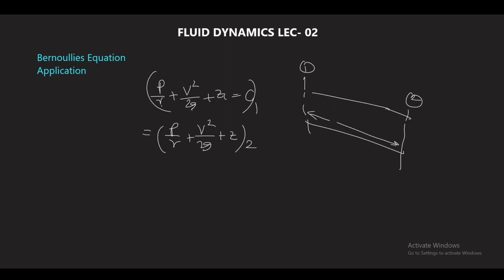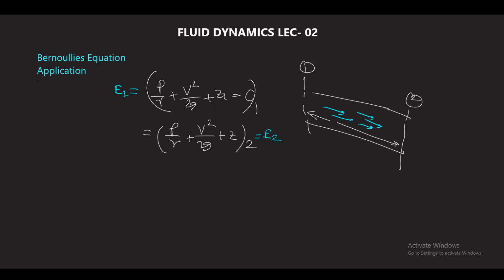But in a real fluid, what happens? These fluid particles, when passing through the section, develop friction between them. There is a molecular friction between them. Suppose this is the energy at point 1, so I can say it is E1. This is the energy at section 2, so this is E2.